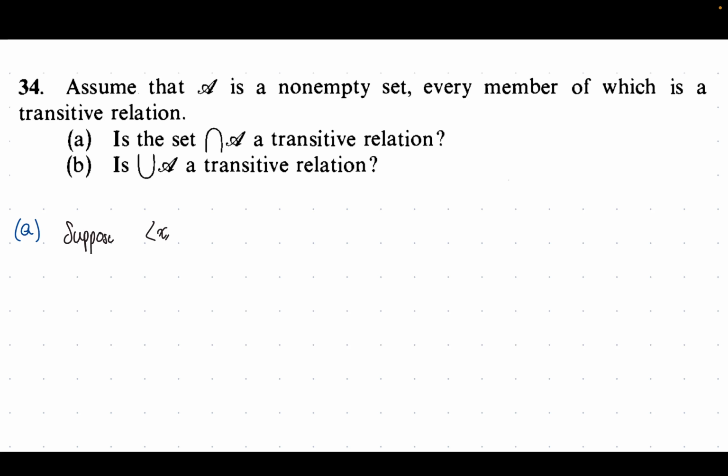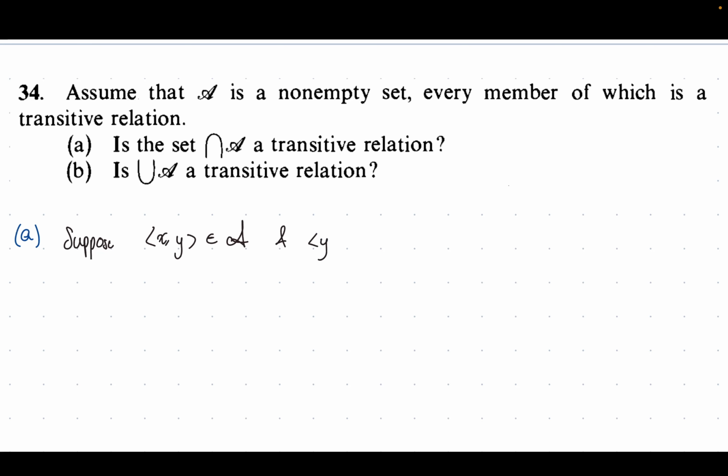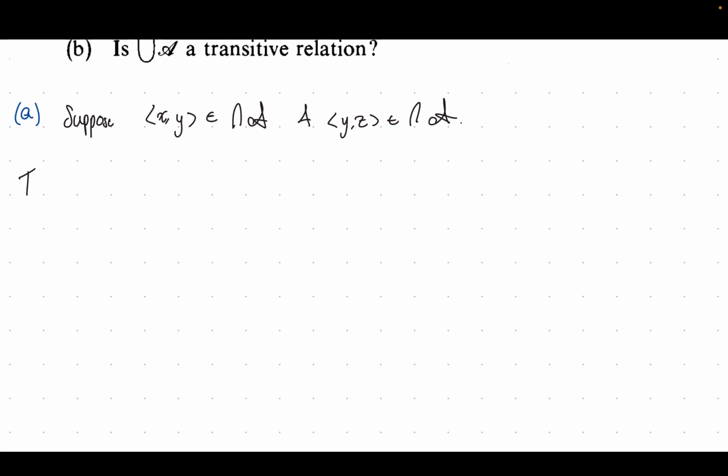Let's suppose that x comma y is in the intersection of script A and y comma z is also in the intersection of script A. Now, by definition of the intersection of script A, for all A in script A, x comma y is in A and y comma z is in A.